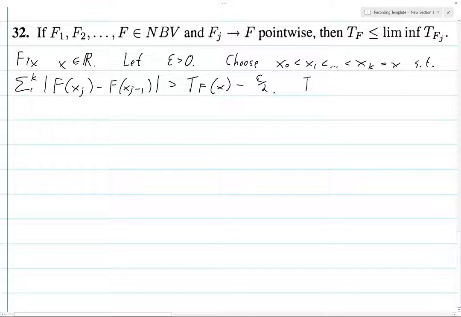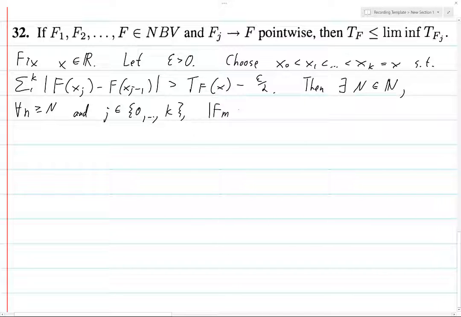And so then there is some N in the natural numbers such that for all n greater than or equal to N and j between 0 and k, we have |fn of xj minus f of xj| is less than, say, epsilon over 4k.